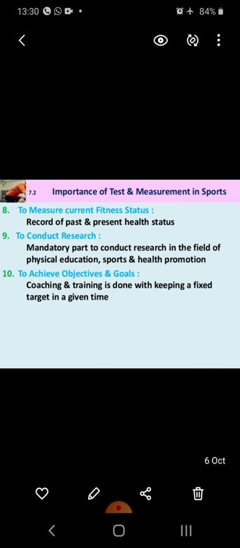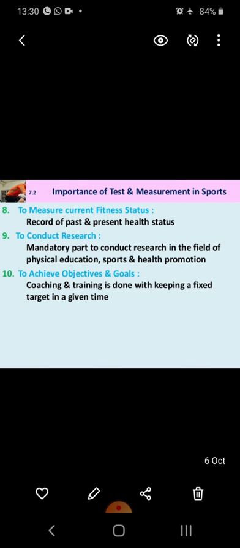Your PTM has been conducted. So what is the class teacher telling your parents? Sir, your son has scored well in previous exams, in periodics, but in midterm he got very less marks. How is the teacher saying this? Because she has taken a test.